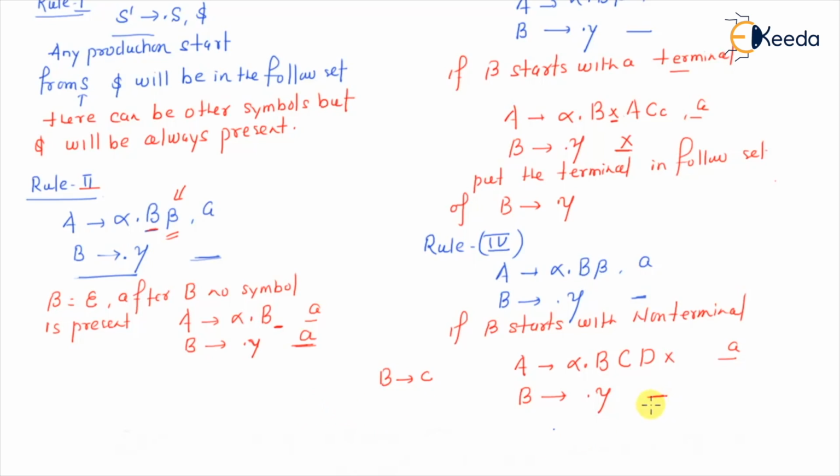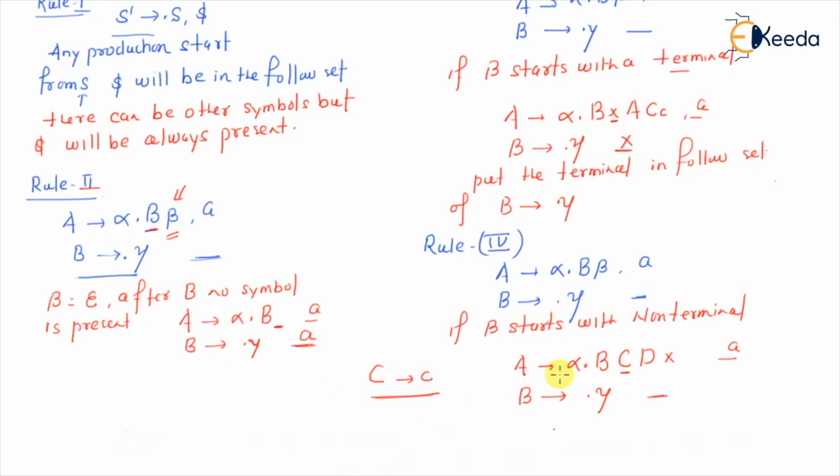Sorry, this should be C derives c, not B derives c. So it should be C derives c.